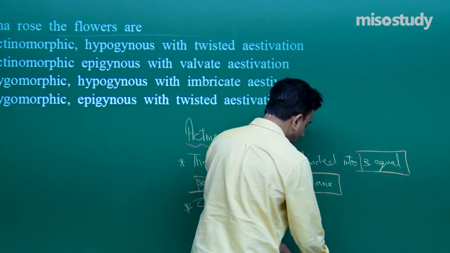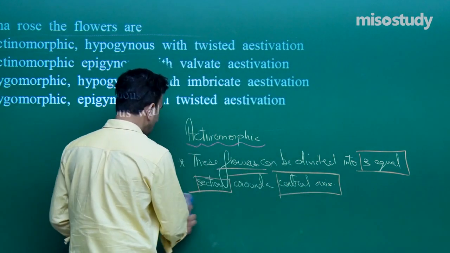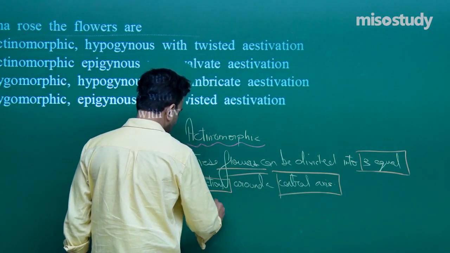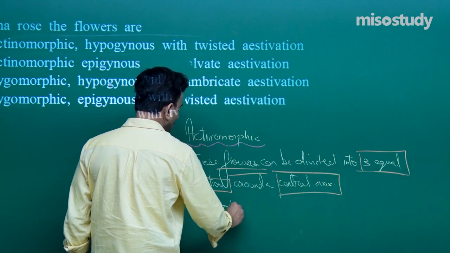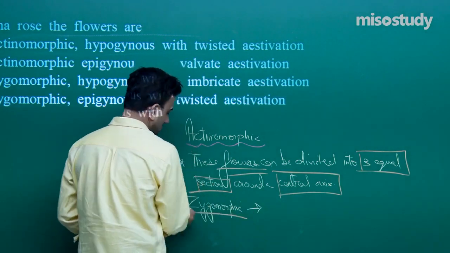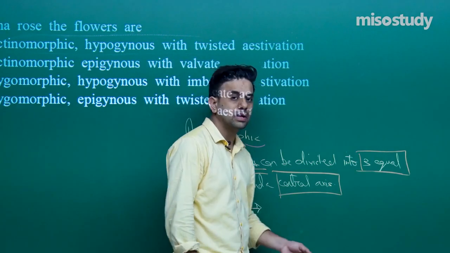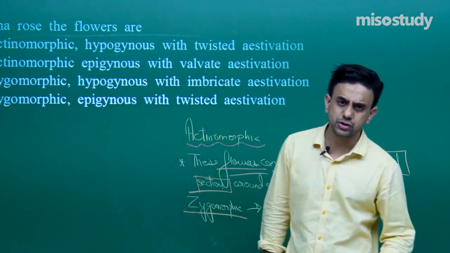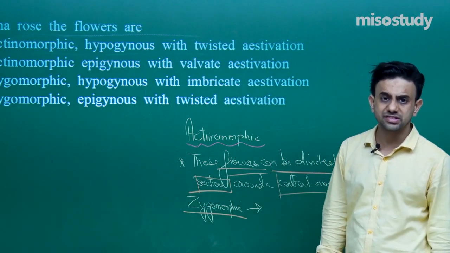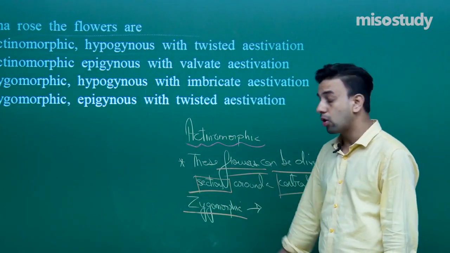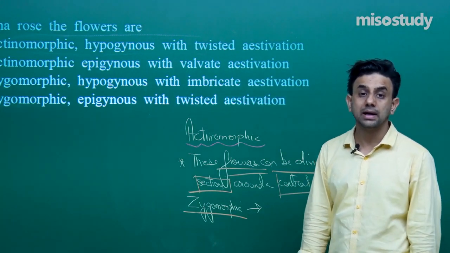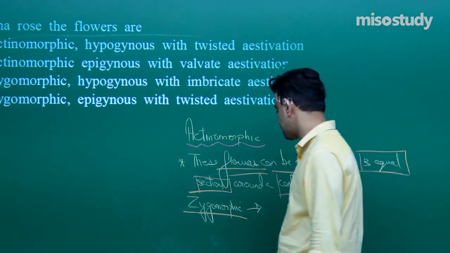However, if we talk of the zygomorphic flower, what we will see is that these flowers can be divided into 2 equal sections, 2 identical halves, okay, around a central axis passing through the center, or we can say that these are very much similar to the bilaterally symmetrical condition.